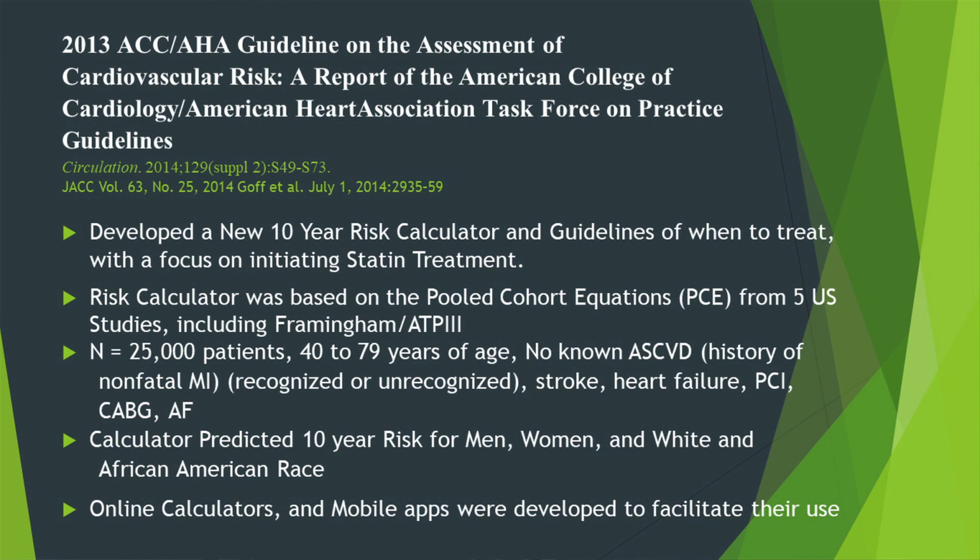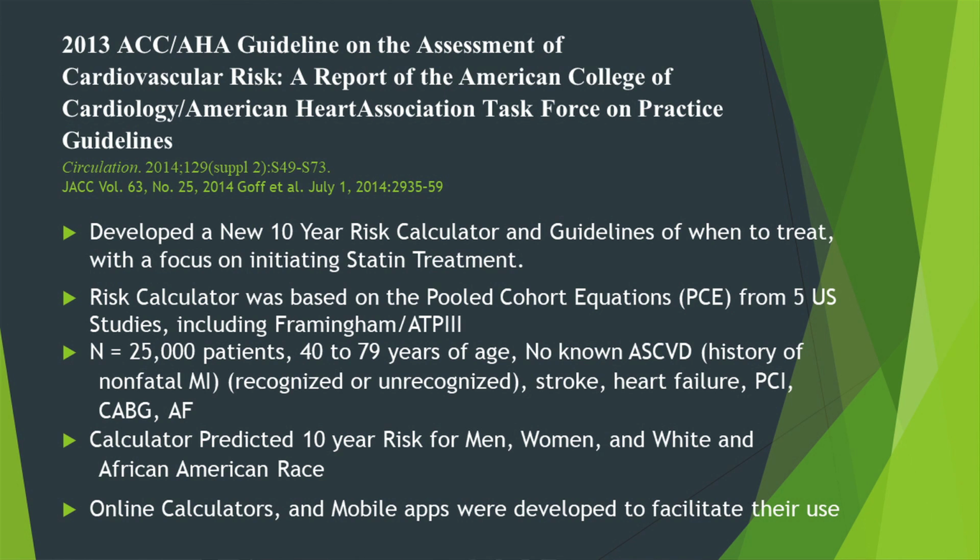So they developed what are called the pooled cohort equations from 5 US studies, including the Framingham ATP3. But there was a total of only 25,000 patients in the 5 studies. They had no known atherosclerotic vascular disease history, so this was for primary prevention, not secondary prevention, people who have already had a stroke or a TIA or angina or an MI.